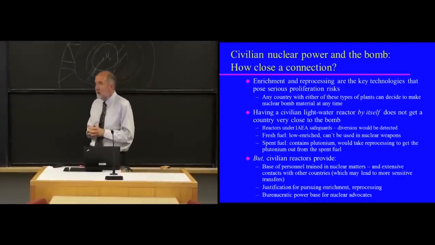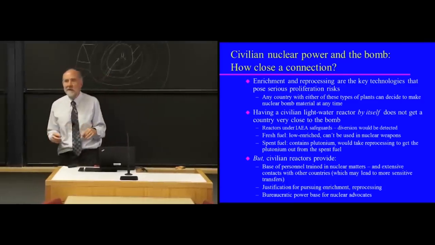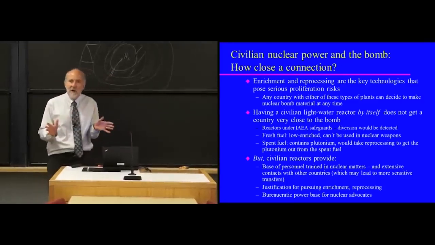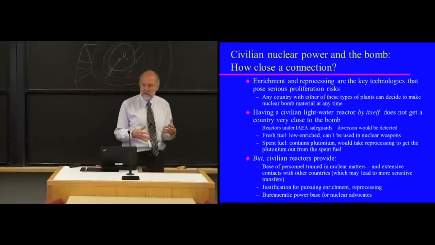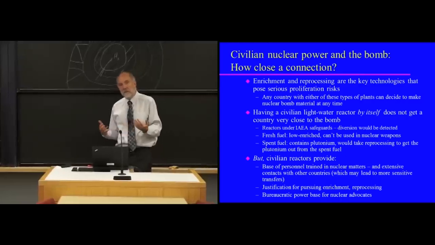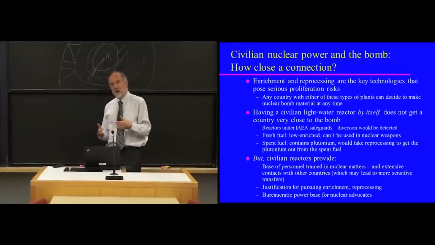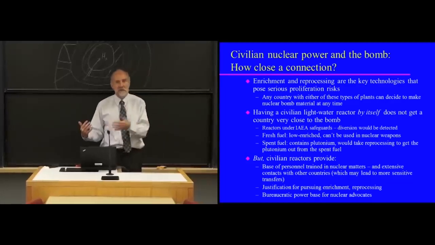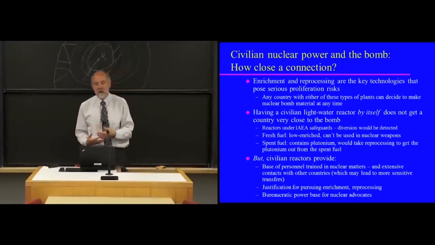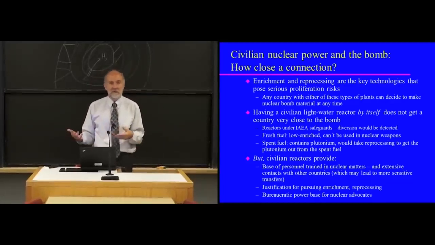But at the same time, civilian reactors provide a base of trained people who understand nuclear reactions, and it may give you the opportunity to build up contacts with other countries, for example, the country selling you the reactor and helping you build it, which may lead to more sensitive transfers.